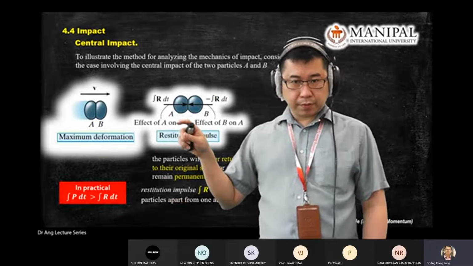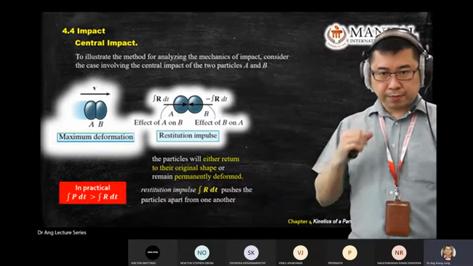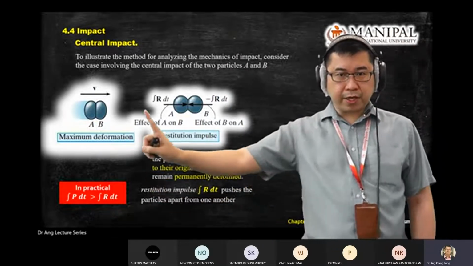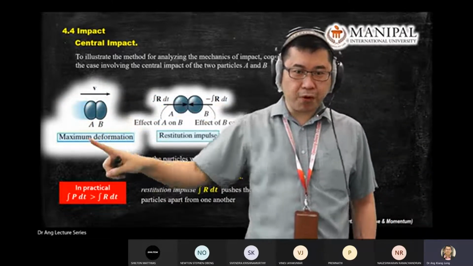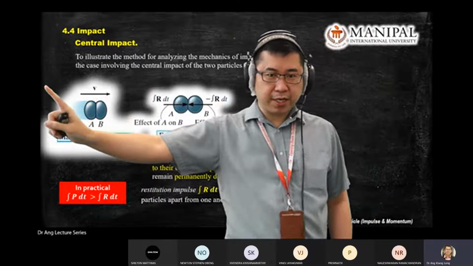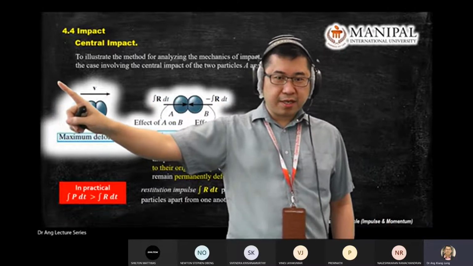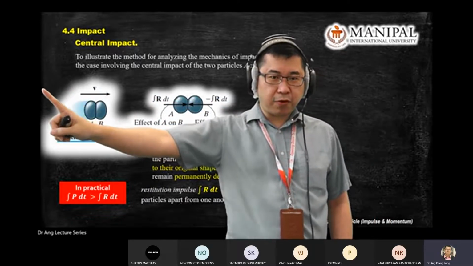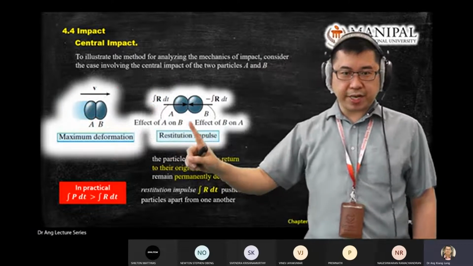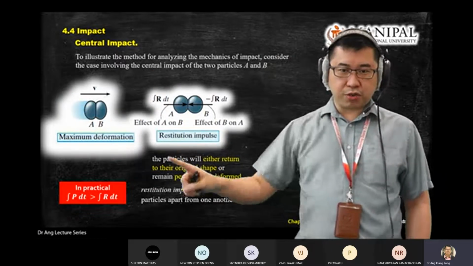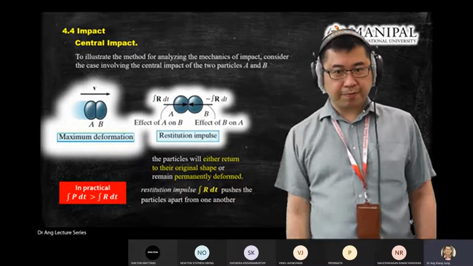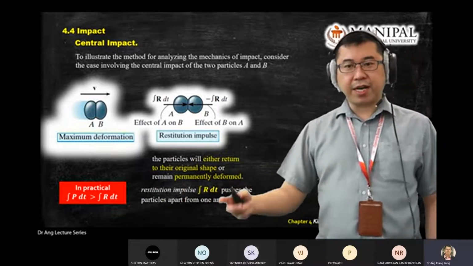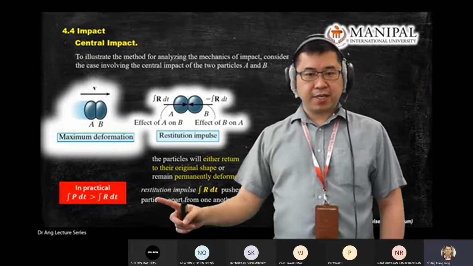So in practice, the impulse before maximum deformation, the integration of P dt, should be larger than the restitution impulse. That's why I put a red box here. In real life, this matters.